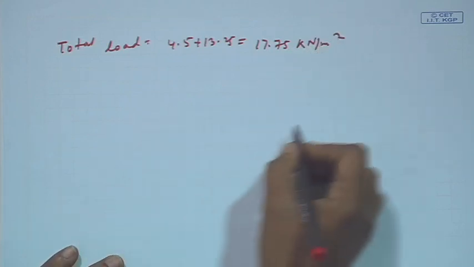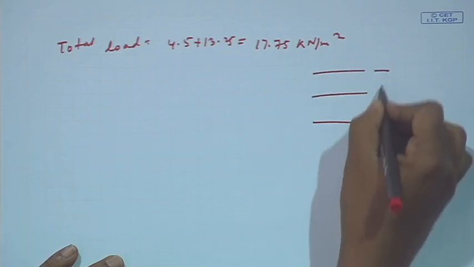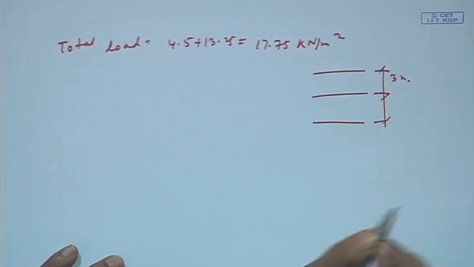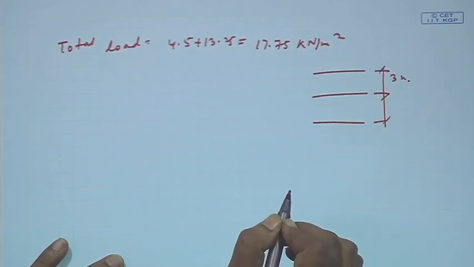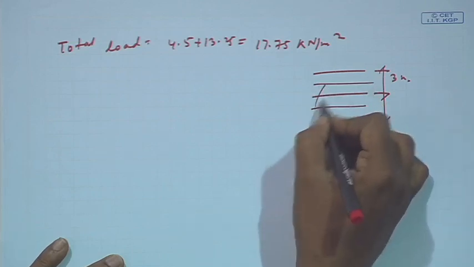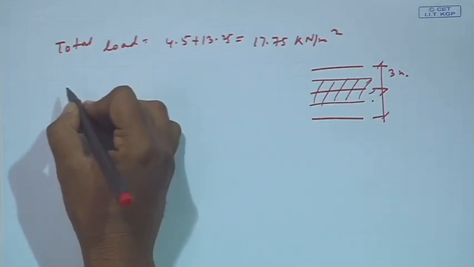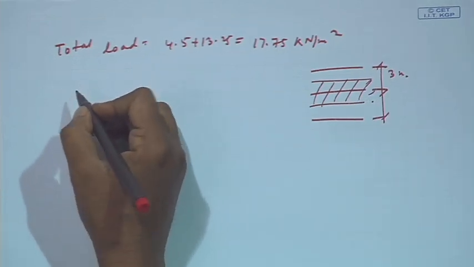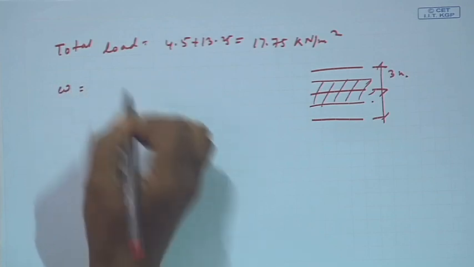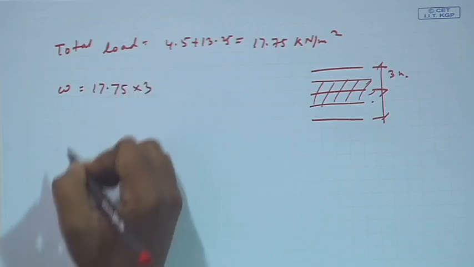And beams are spaced at 3 meter interval. So, the load per meter run, W, will become 17.75 into 3.